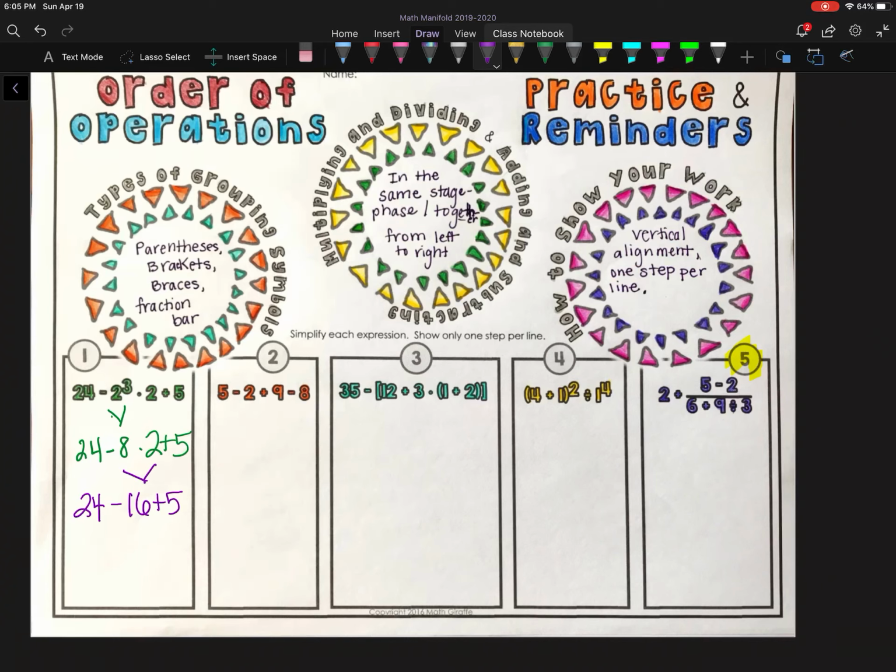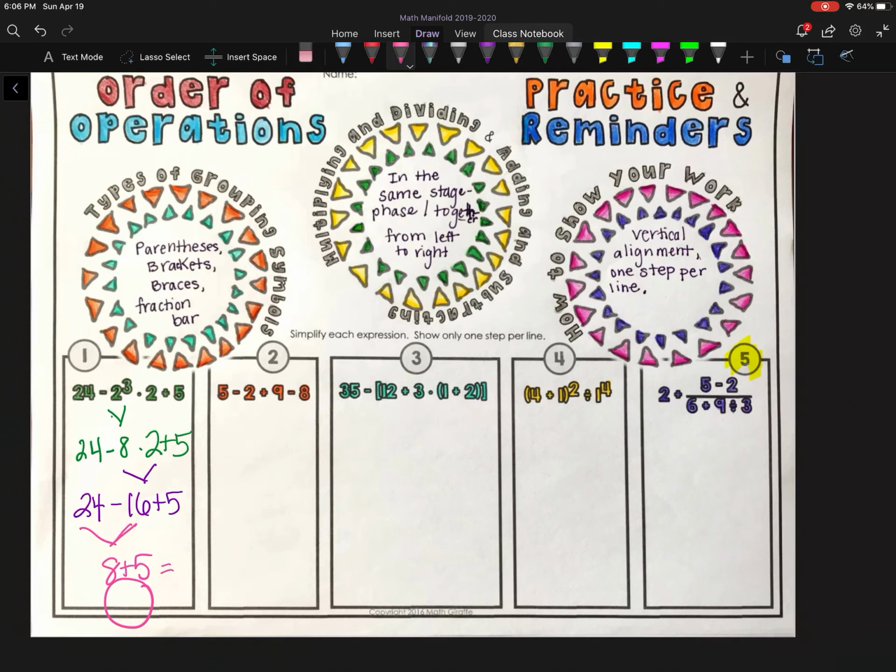And I'm going to rewrite the rest of the problem around it. And now I only have addition and subtraction left, so now I just work from left to right. So 24 minus 16 is 8, plus 5 is 13. So number 1, my answer is 13.